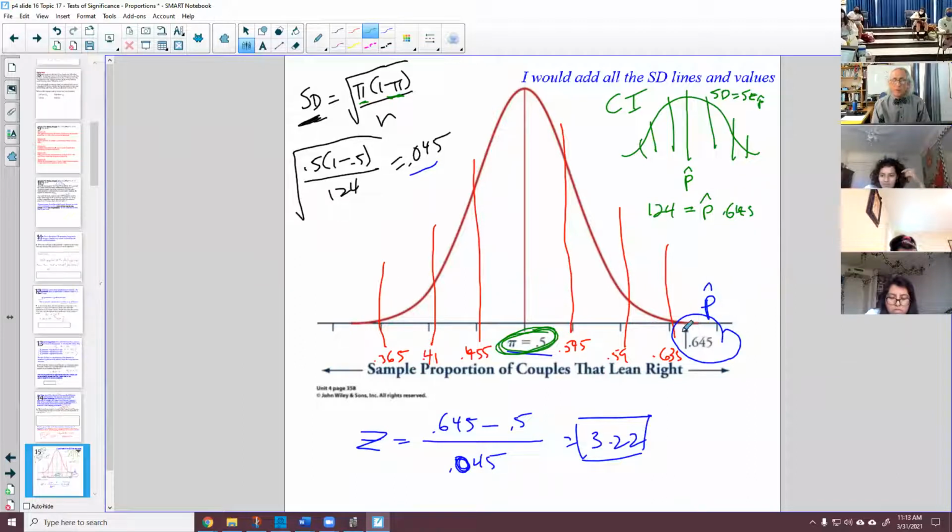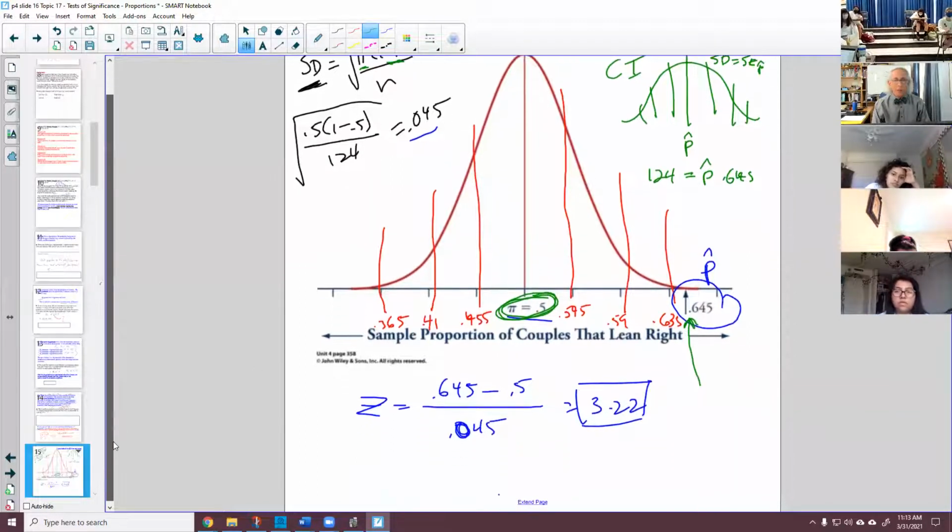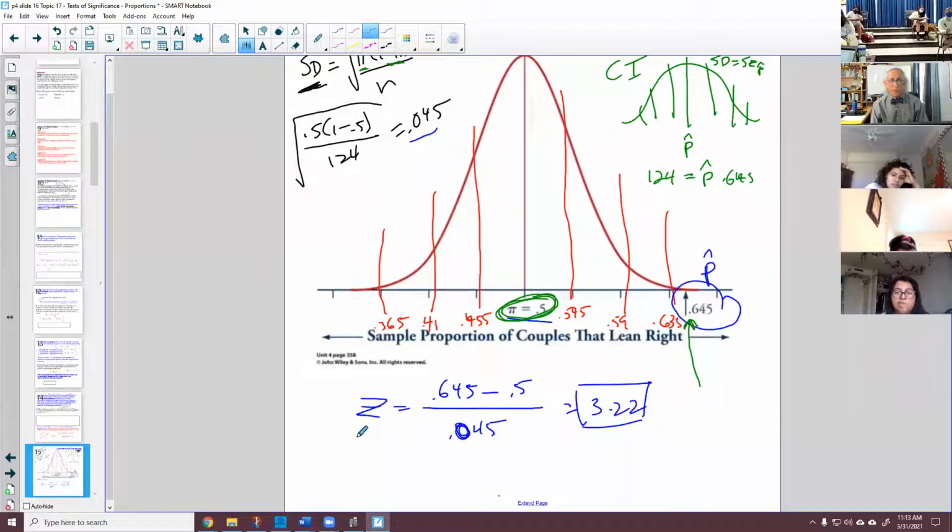I put 0.645 on my diagram, and it's way over here, more than 1, 2, 3 standard deviations away. I want to find out exactly how many, so I calculate the z-score. 0.645 is the value I got, minus my pi, my null hypothesis, divided by my standard deviation. And that is 3.22 z-scores away from the mean.